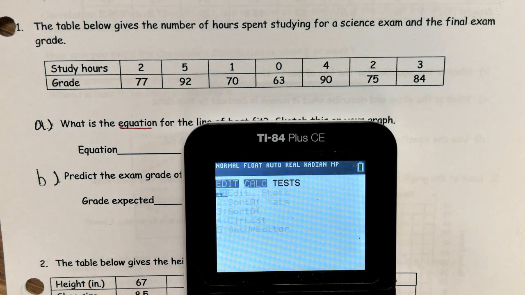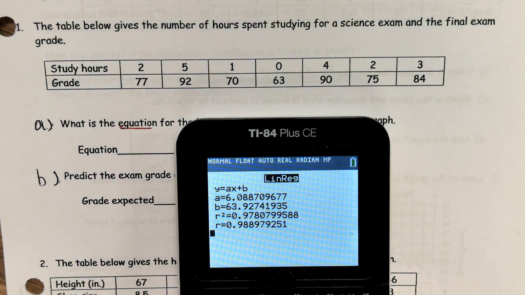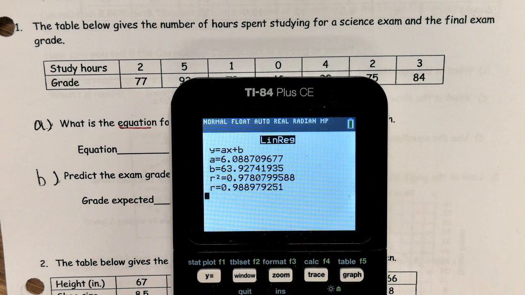Okay, and then I'm going to go to Stat Calc, option 4. Again, we are rounding to what place value?